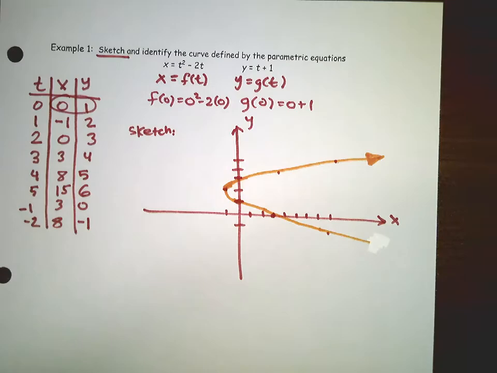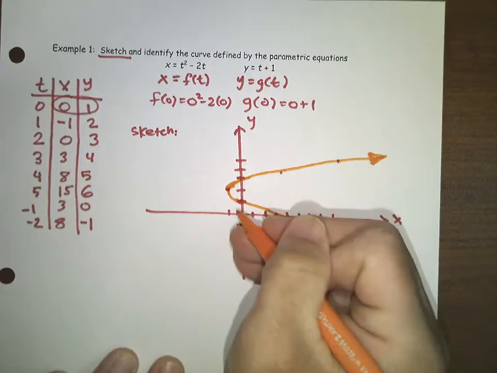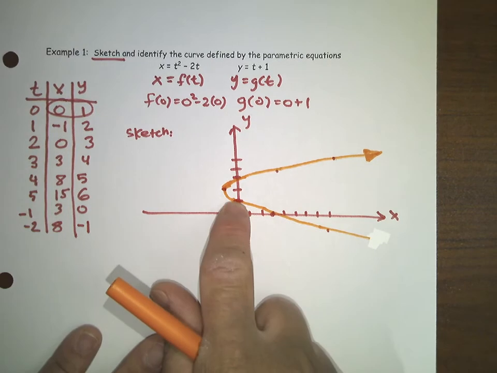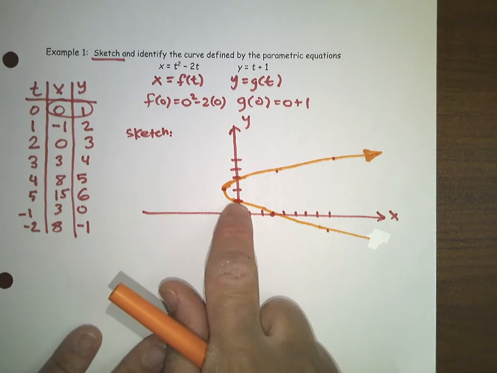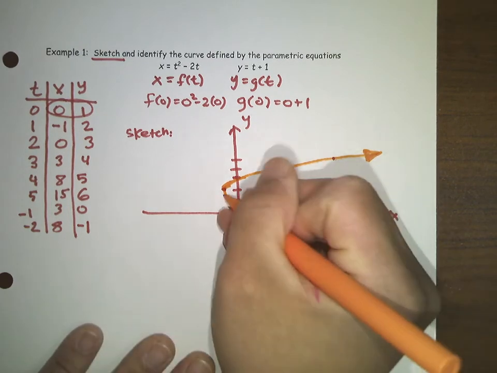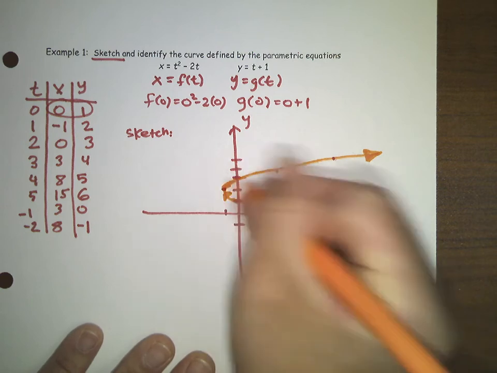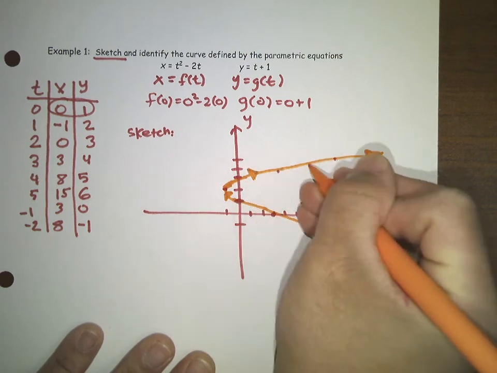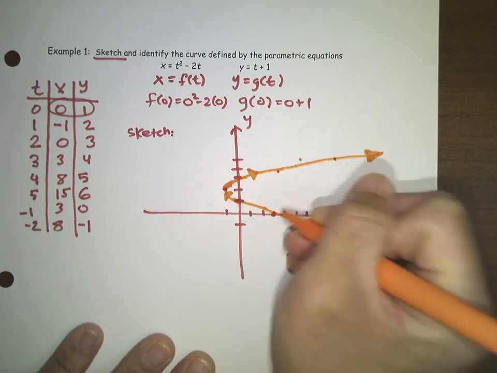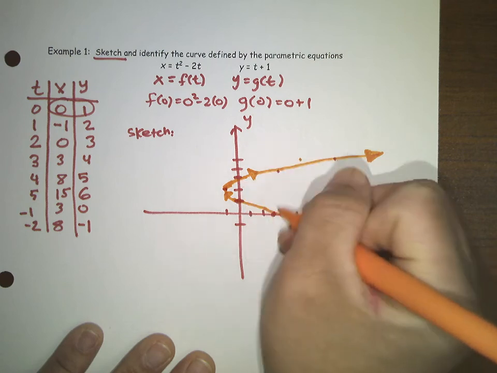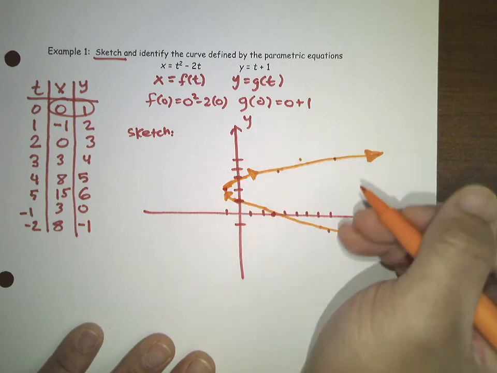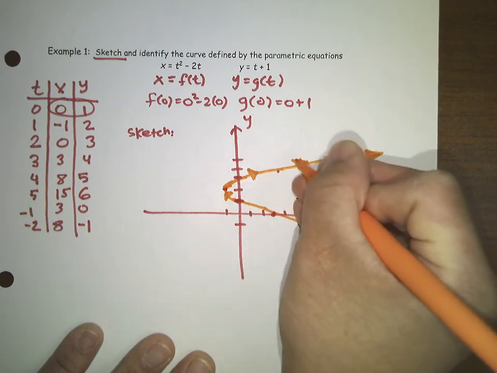If I look here, my first point was when t was 0, which was 0, 1, then I had negative 1, 2, then 0, 3, and then 3, 4, and then 8, 5, so they seem to be going this way.